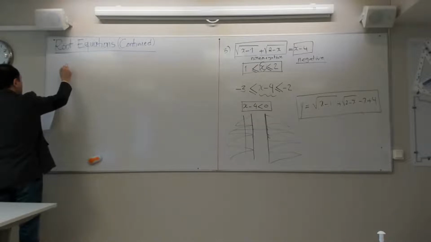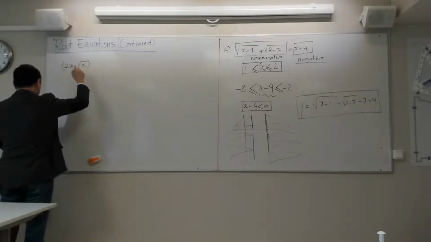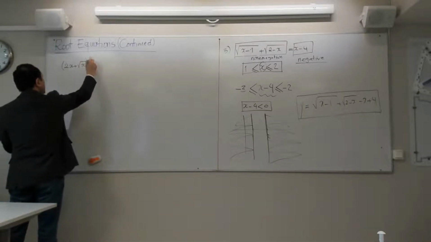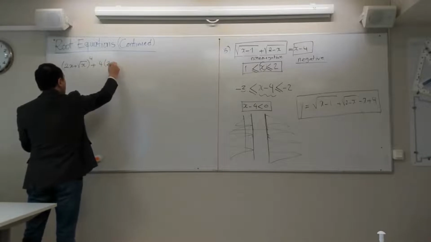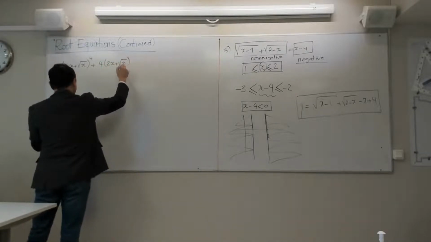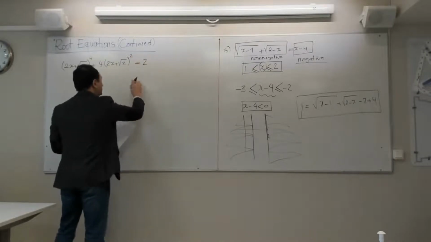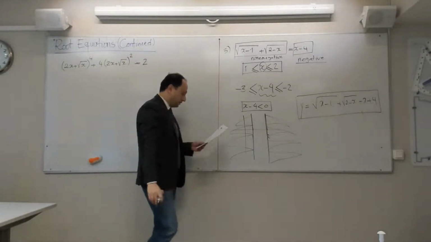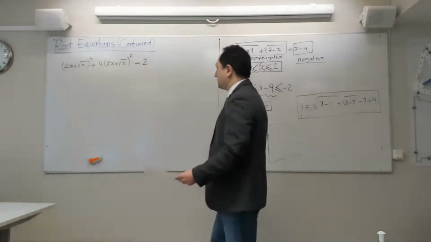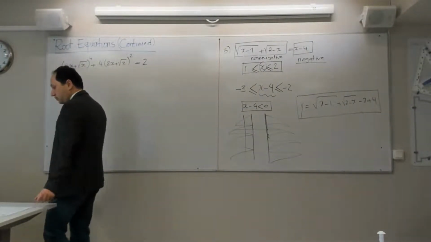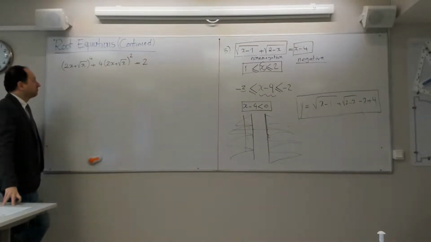So (2x plus square root of x) to the 4, plus 4 times (2x plus square root of x) to the 2, is equal to 2. Okay? I really want to hear from you. I really don't believe that you cannot solve these problems unless you don't study with me continuously.